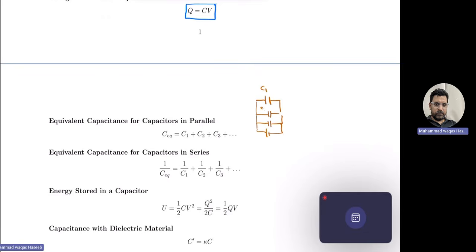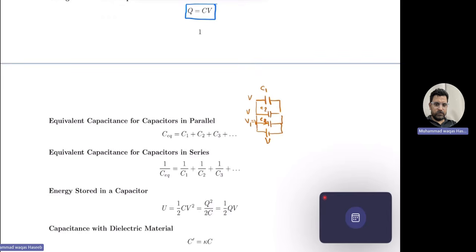This is C1, this is C2, this is C3. When capacitors are connected in parallel, the voltage across each capacitor is the same. So the voltage across each capacitor, V1, is equal to V. This is V, this is V as well, and this is V as well.